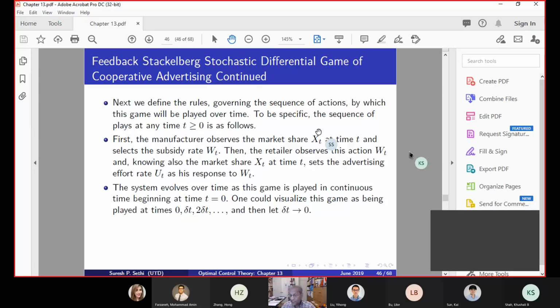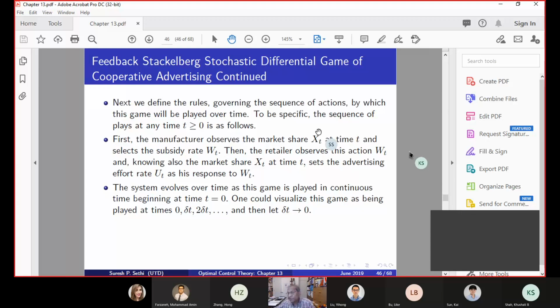So the manufacturer incorporates the retailer's reaction function into his decision of the wholesale price. Then with that optimal reaction function for any wholesale price, he decides the optimal wholesale price for him. Once he decides the optimal wholesale price, the retailer's decision is already decided because the retailer's decision is a response to the wholesale price.